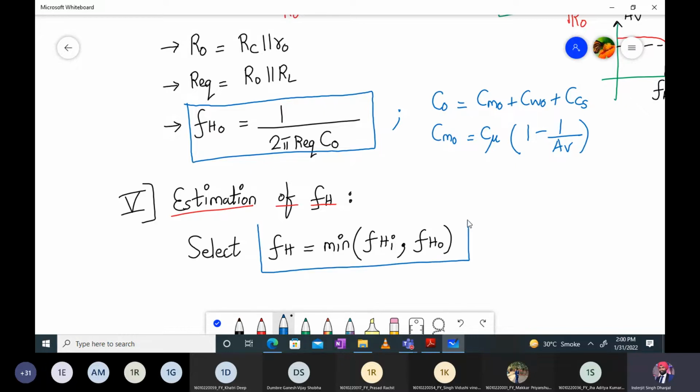Many people get confused between higher and lower cutoff frequency. For lower cutoff frequency, it was the maximum. For higher cutoff frequency, it is the minimum among FHI and FHO.